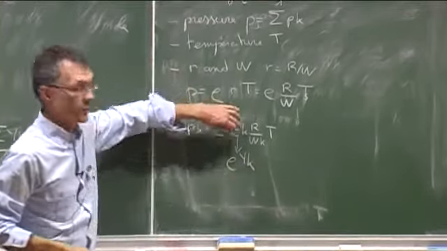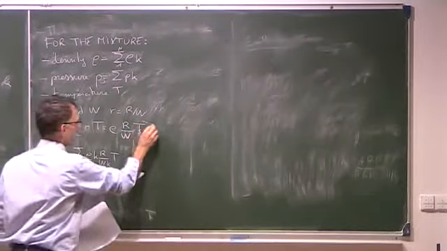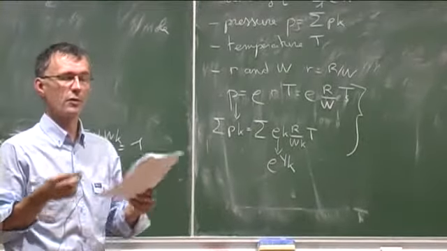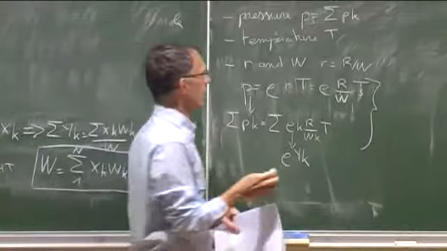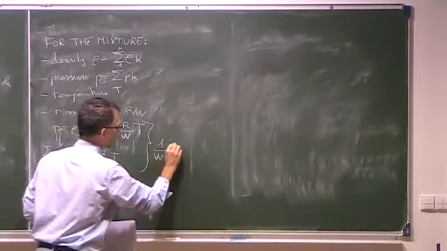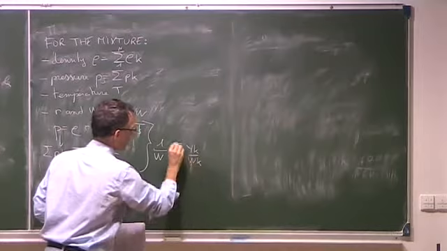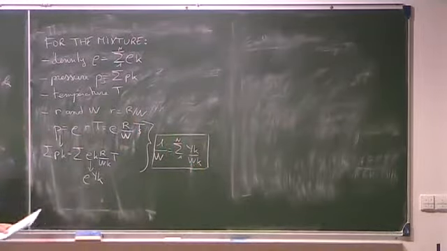So if you compare these two expressions, you find something which is confusing to students: if you want to express the molecular weight of the mixture as a function of the mass fractions and not of the molar fractions, you have to equate these two things, and you arrive at 1 over W equals the sum of Yk over Wk, 1 to n. There's nothing magical about it. It's just that here you're working with mass fraction.